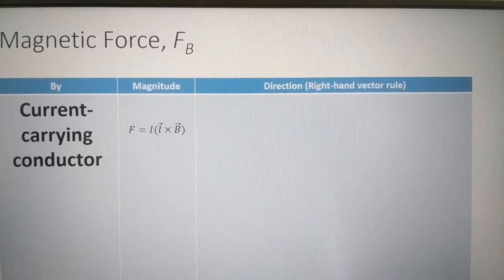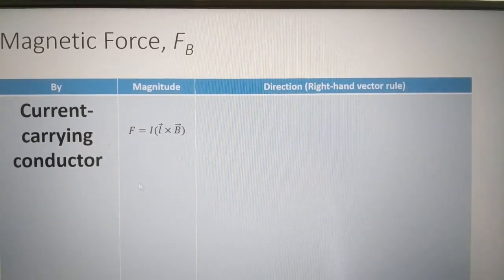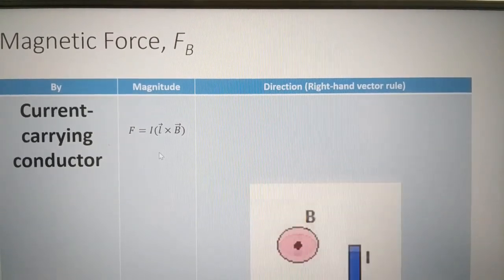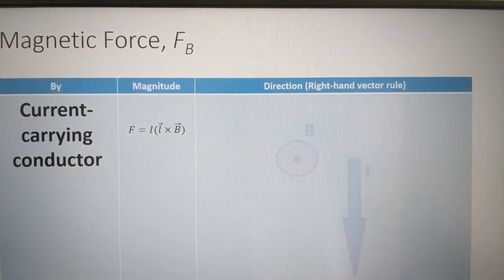What about the magnetic force experienced by a current carrying conductor in a magnetic field? The magnitude of the magnetic force for a current carrying conductor is I L cross B. The direction is determined by the right hand vector rule also.